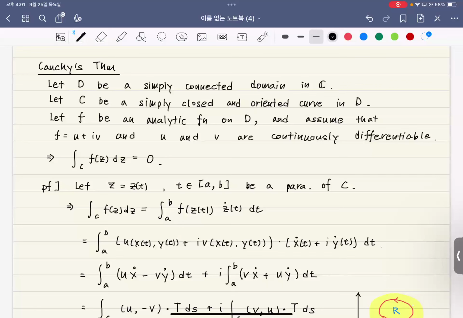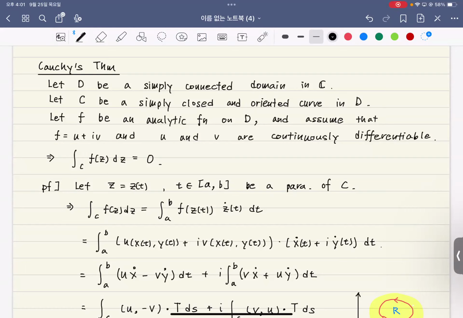So this is the crucial difference between real analysis and complex analysis. And in order to do that, I feel it is very imperative to get rid of this finite condition. So from now on, I'm going to give you the proof that doesn't require this last condition of continuous differentiability, which is for the Goursat theorem.